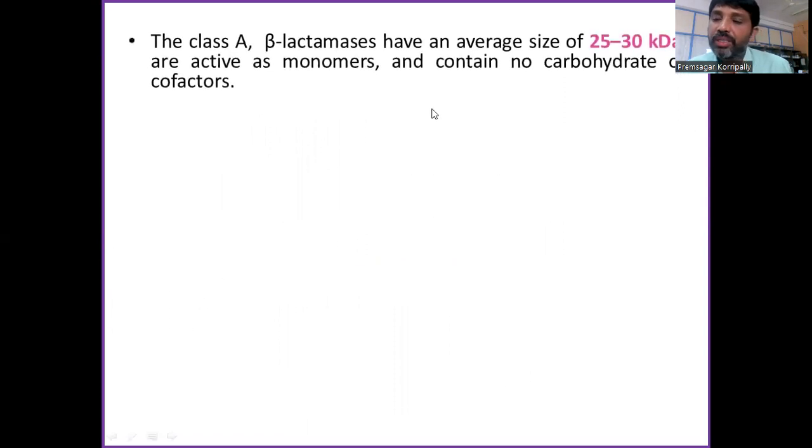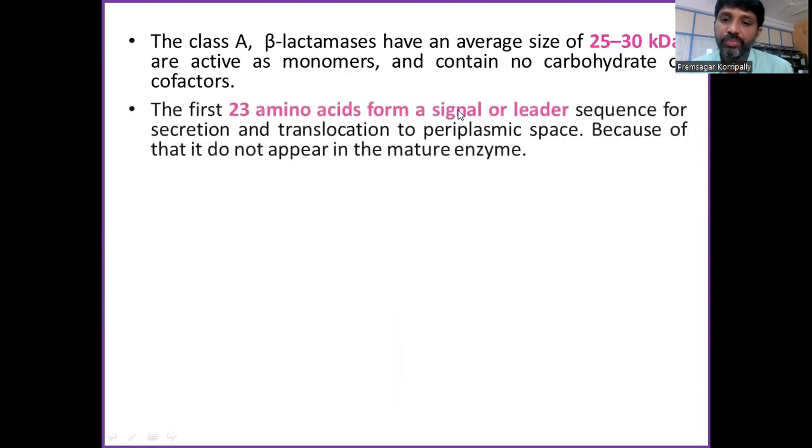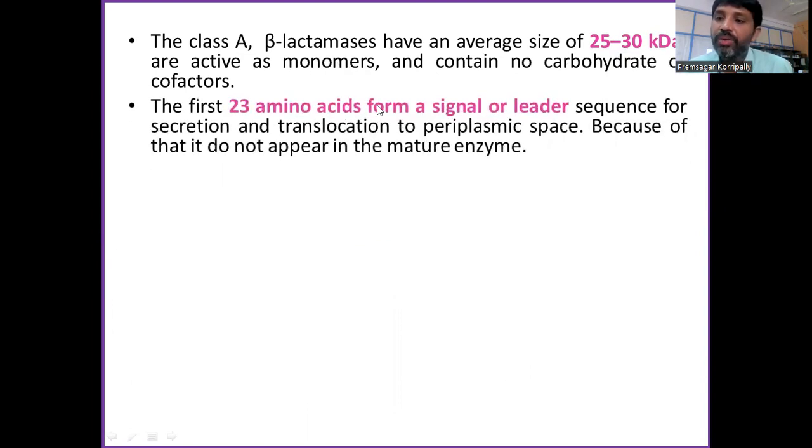Usually the class A beta-lactamases have an average size of 25 to 30 kD. As I told you, they are active as monomers. They don't require any kind of carbohydrate or cofactors. And they have a leader peptide or signal peptide.